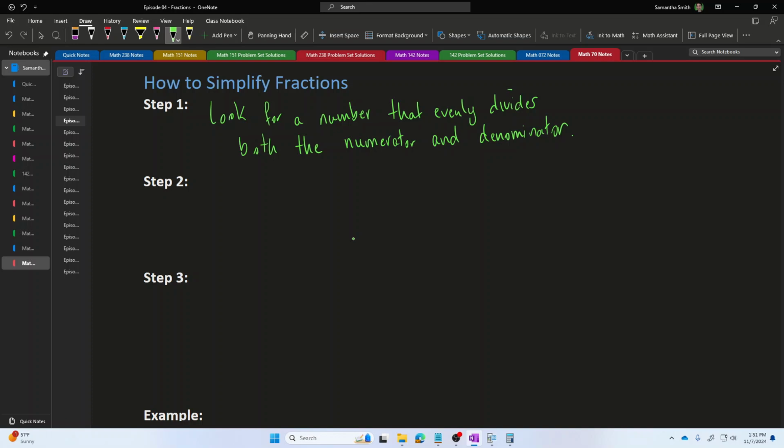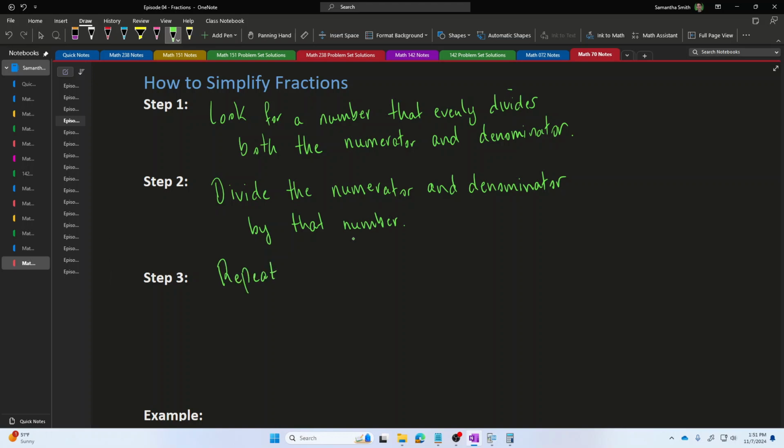Once you have found a number that evenly divides both the numerator and the denominator, your next step is to go ahead and divide that number out. And then the final step is just to repeat this process until you cannot find any numbers that evenly divide both the numerator and denominator.